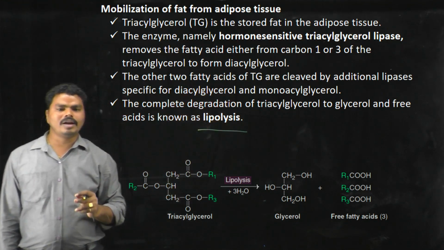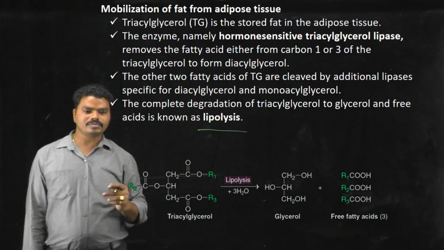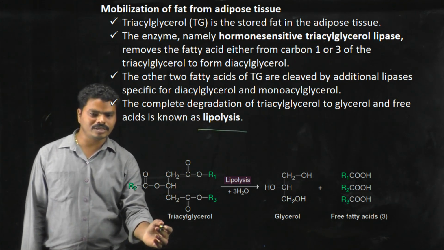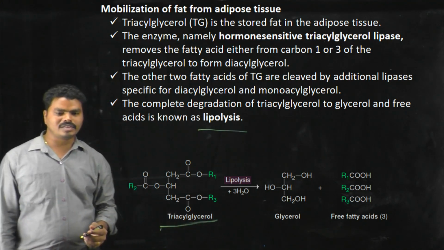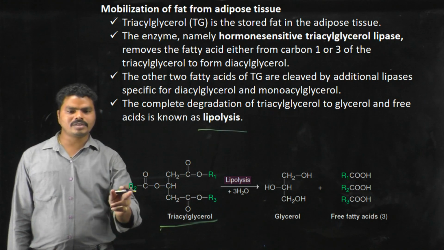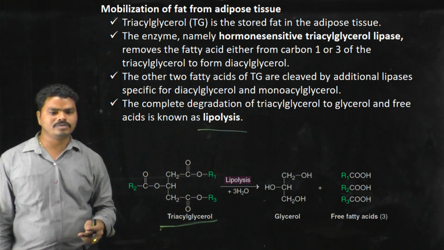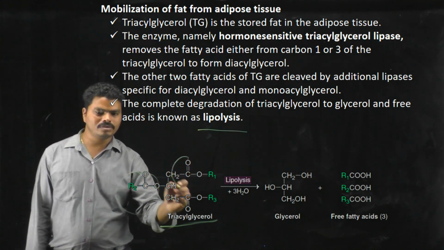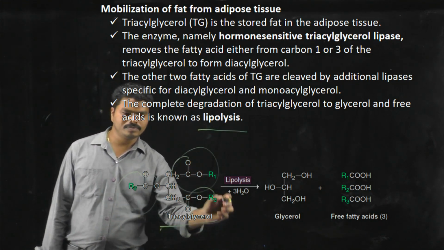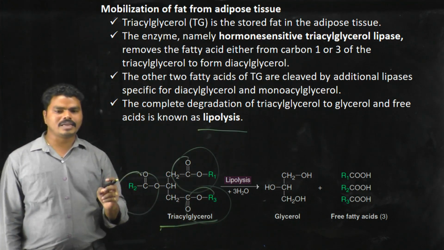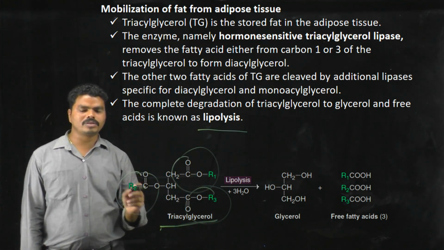When you see the triacylglycerol structure, three fatty acids are attached to the glycerol molecule. This one is one, and this one, and this one. These are the three acyl molecules attached to the glycerol.